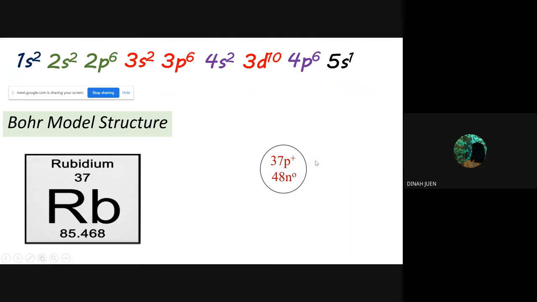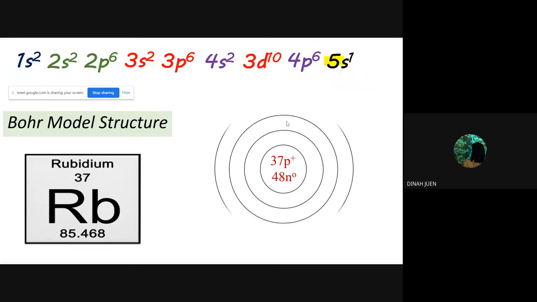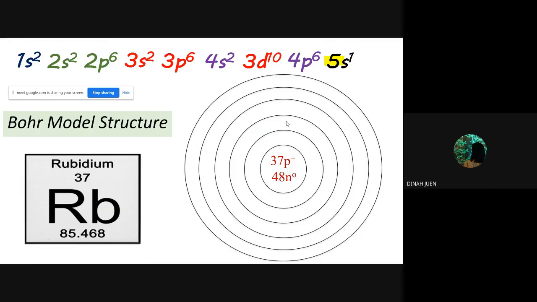Next, you'll be drawing the number of energy levels. By looking at the longhand form SPDF notation of rubidium, the highest energy level here is 5. So it means you will have 5 circles. 1, 2, 3, 4, 5.